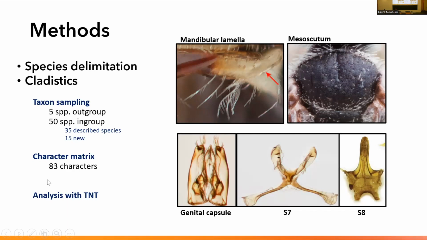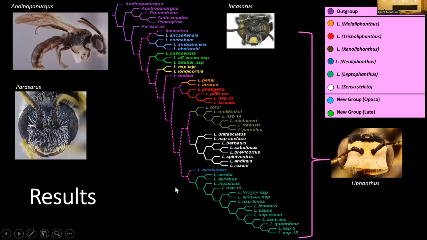For our character matrix, we used 83 morphological characters. We looked at the external morphology of females and males, and also did some exploration of internal structures such as genitalia and associated sterna.